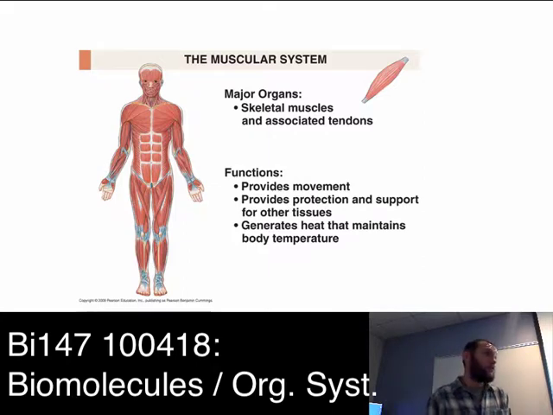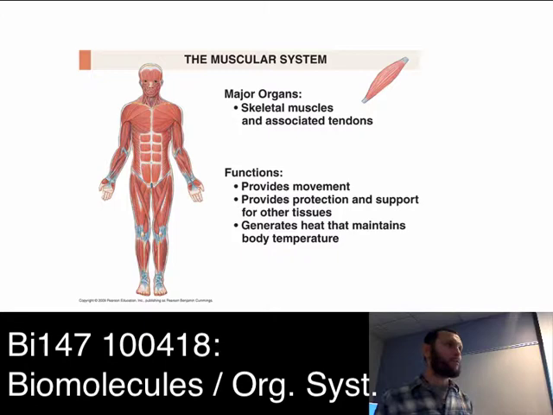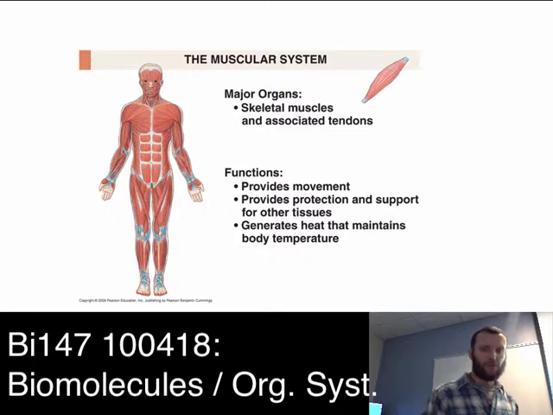It serves to move the body around, obviously, but it can also protect and support other parts of the body. For example, we have the rib cage to protect our heart and lungs, but what's protecting our guts? It's the rectus abdominis, the transverse, the obliques. So it can protect and support other tissues.